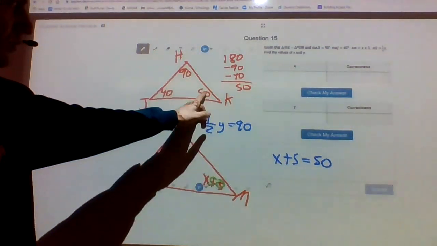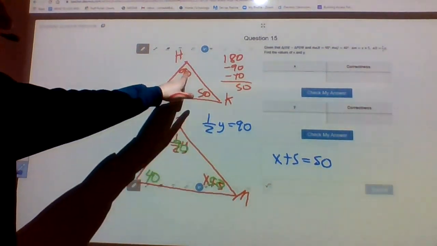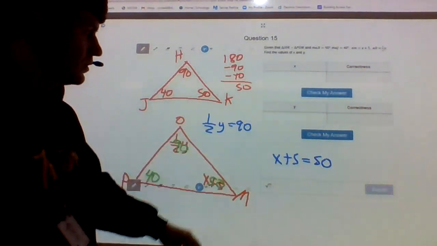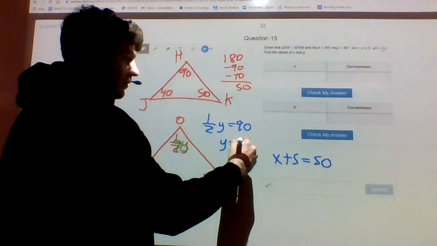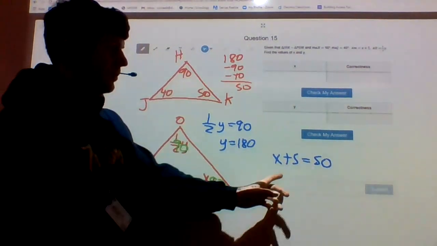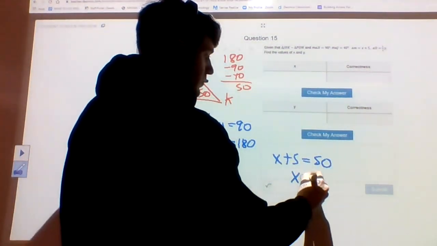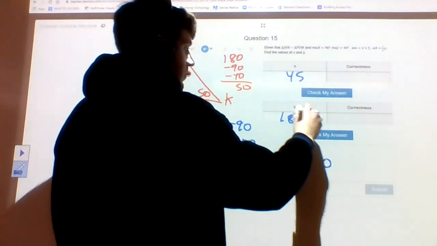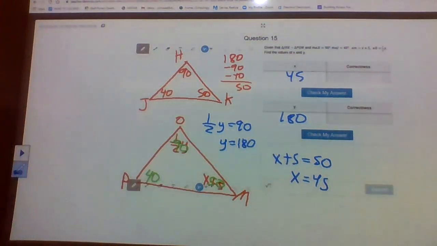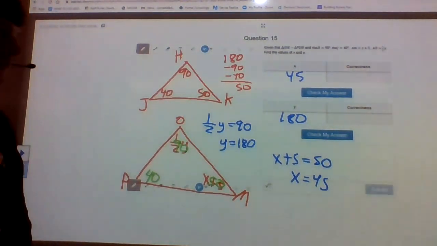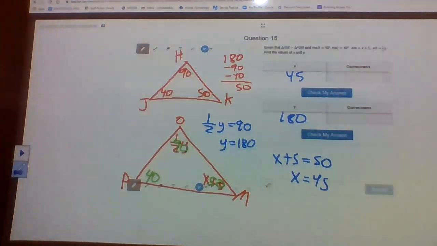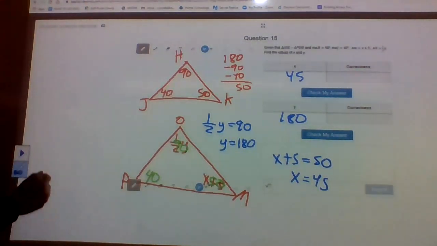So x plus 5 equals 50. 1/2 y equals 90, so multiply by 2, you get y equals 180. Subtract 5 from both sides, you get x equals 45. The key there is to draw out the triangles. If you don't draw out the triangles, it's going to be a lot more trouble.